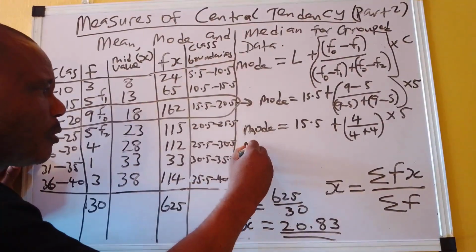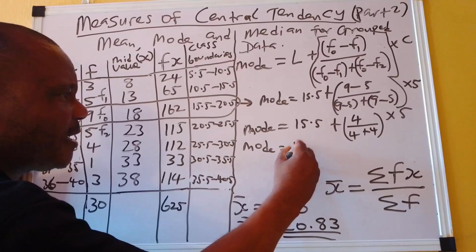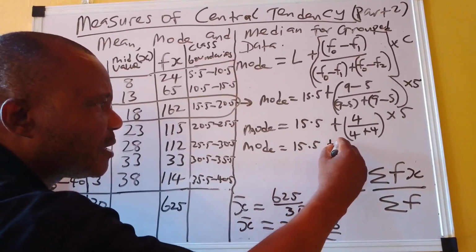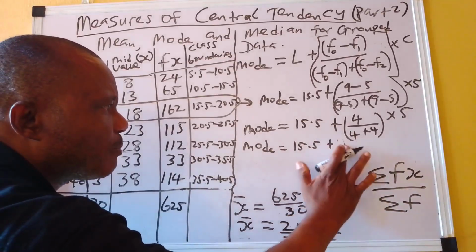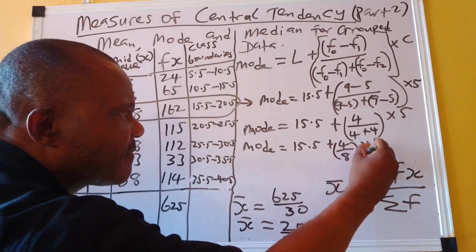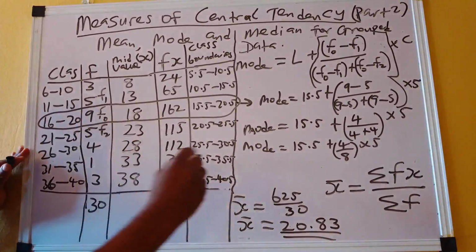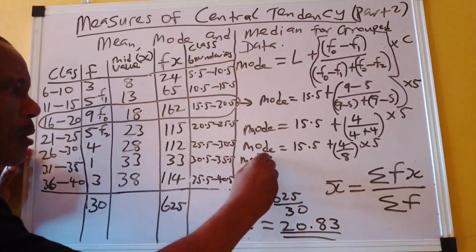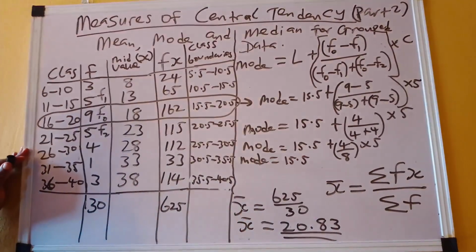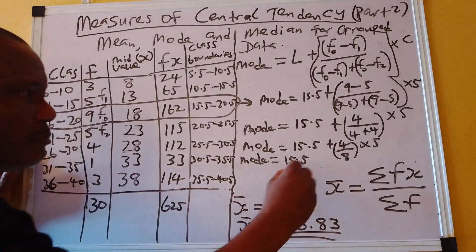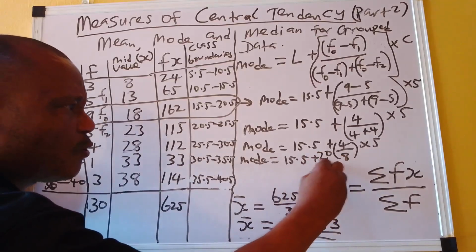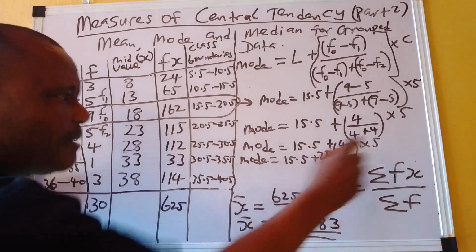So our mode is equal to 15.5 plus 4 over 8 times 5. So mode will be equal to 15.5 plus 20 over 8. 4 times 5 is 20.